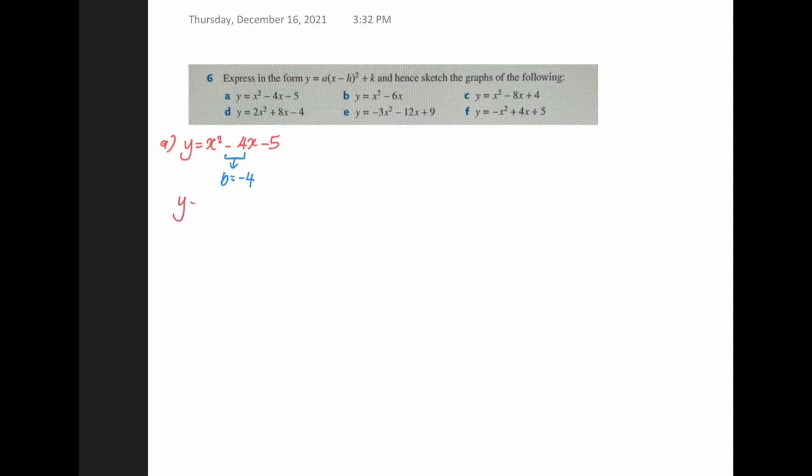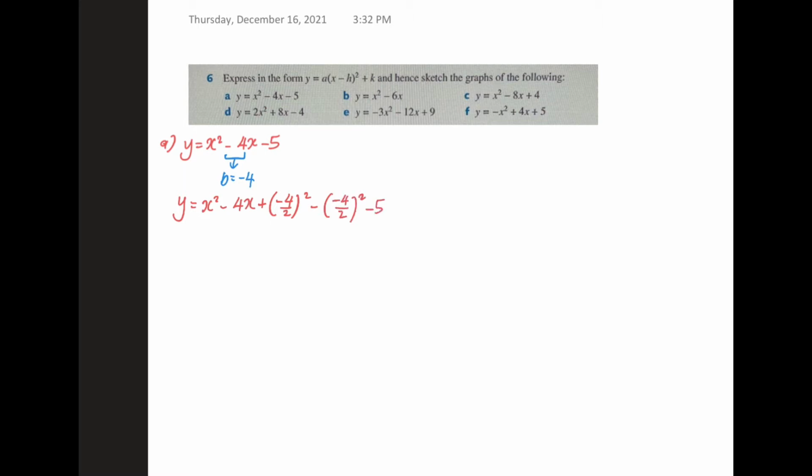I write back y equals, and I write back the first term, x squared. I write back the second term, minus 4x. Then I write plus b over 2, which is minus 4 over 2. This is b over 2 squared. Then minus b over 2 squared again.